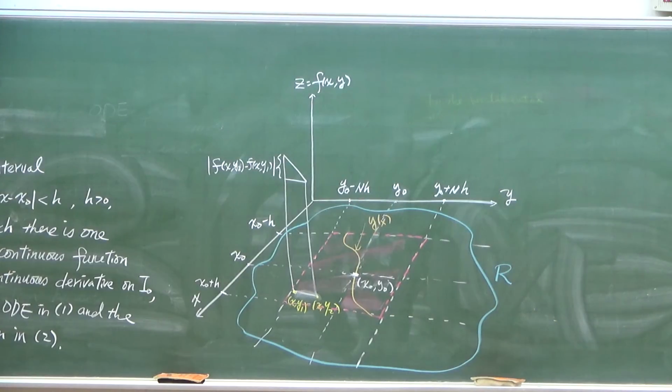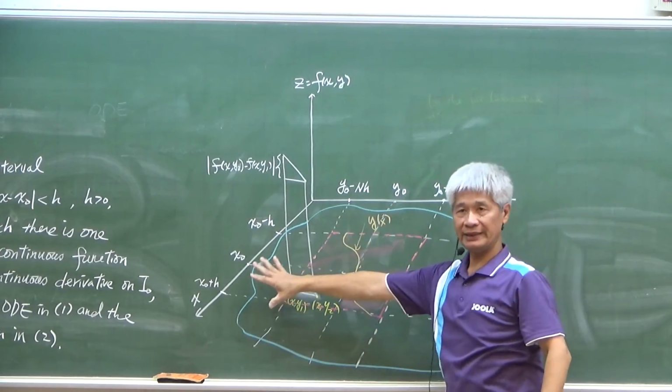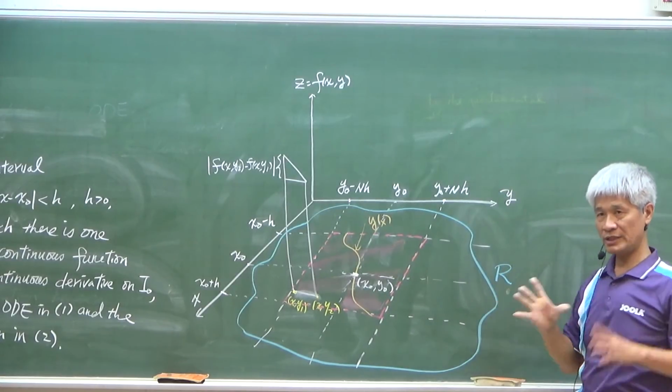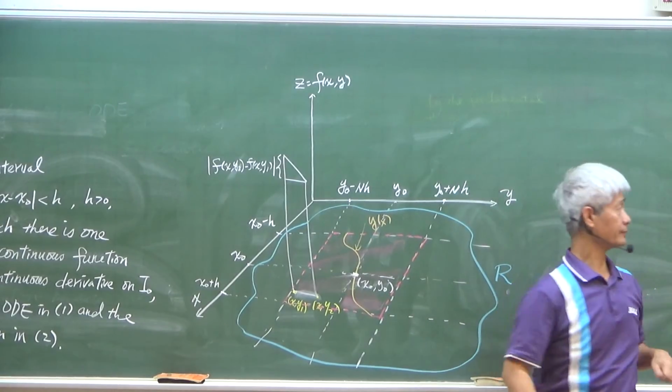So everything is for the function f(x, y). You have to find a region R in the xy plane which is open and connected.